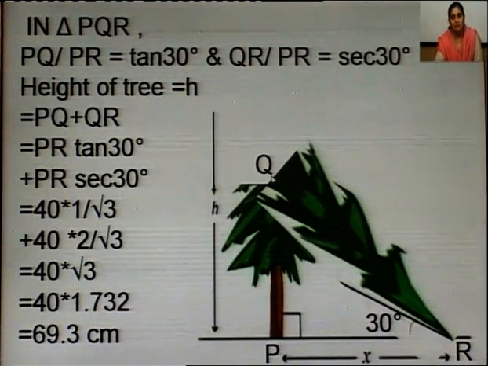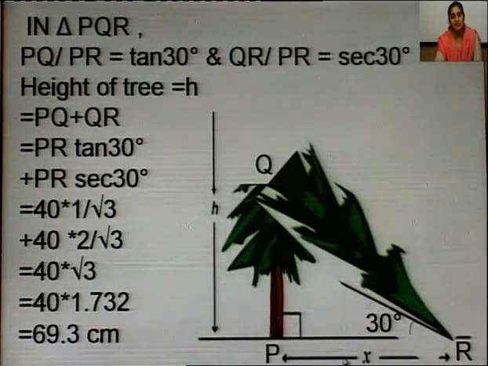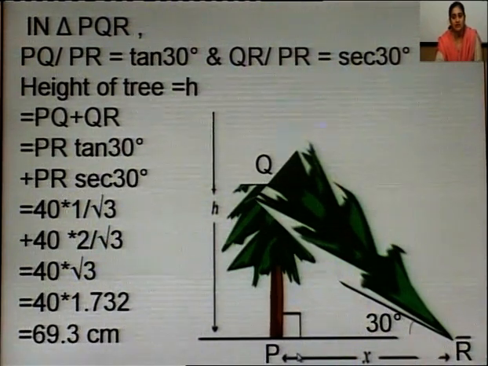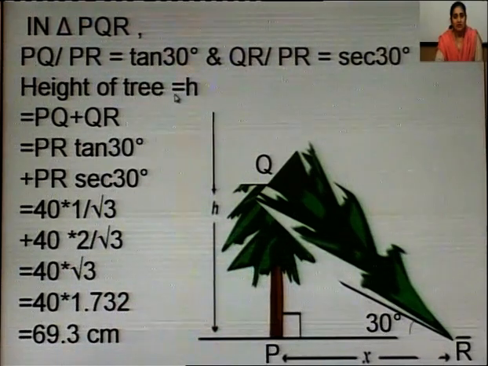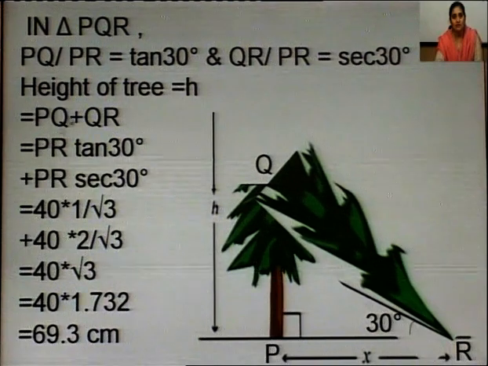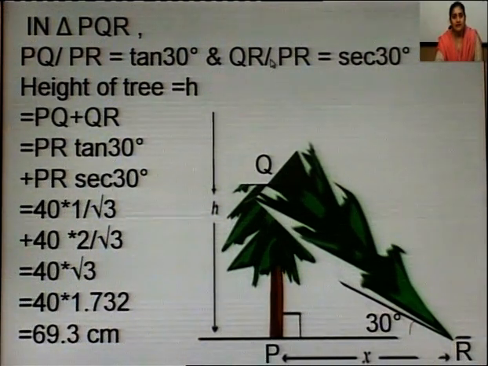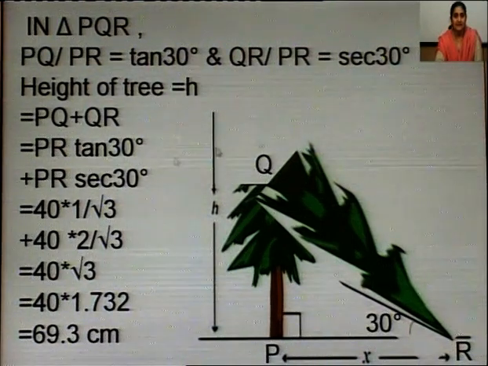And also we want to find QR, so QR by PR is equal to secant 30 degree, because hypotenuse by base is equal to secant 30 degree. Height of the tree h is equal to PQ plus QR. So PQ is equal to PR tan 30 degree, and QR is equal to PR secant 30 degree.